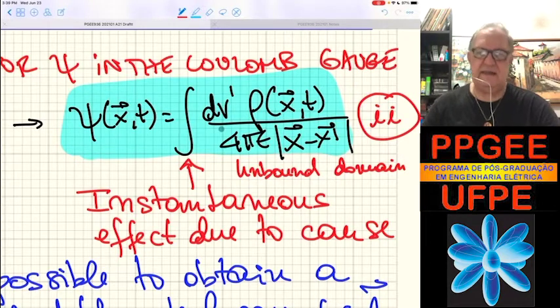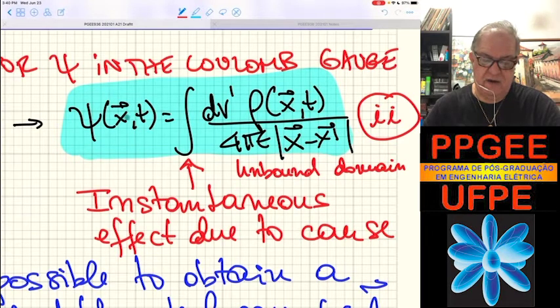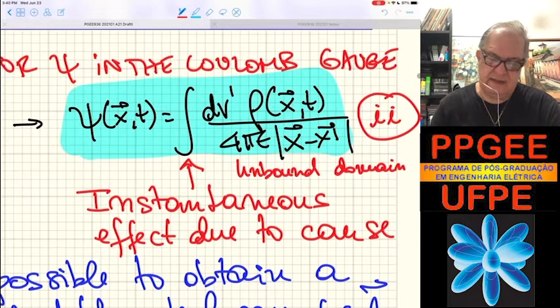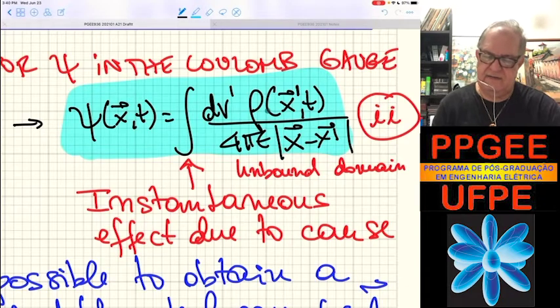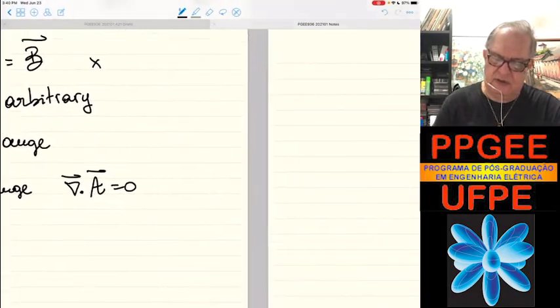But the interesting effect here is that, given a disturbance that is produced at time t, the potential far away, there's several typos here. This is x prime, okay? So the solution, in fact, is like this. Let me just draw the geometry here.